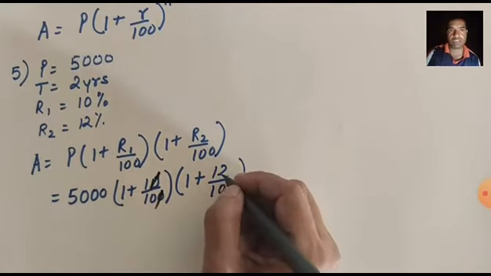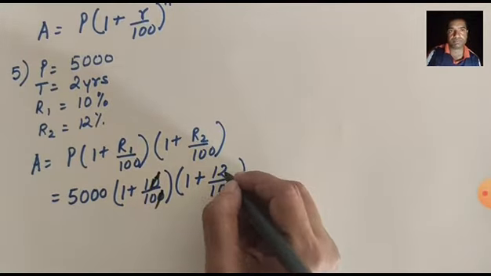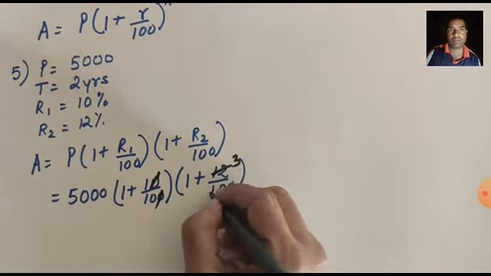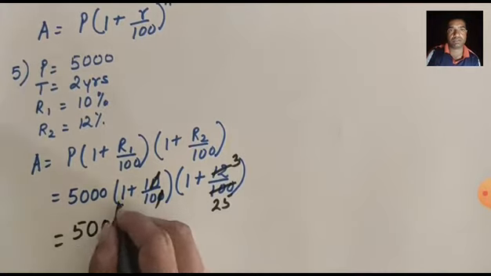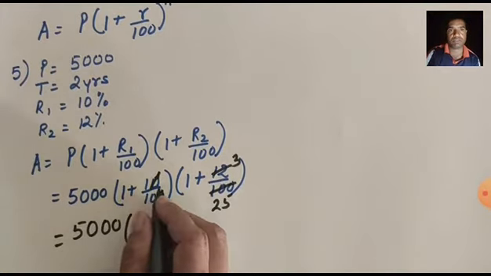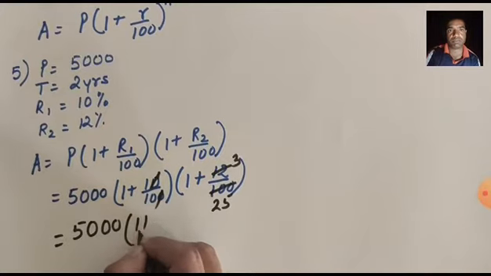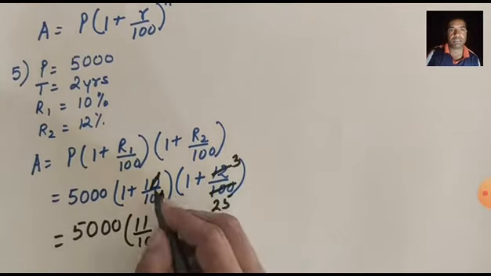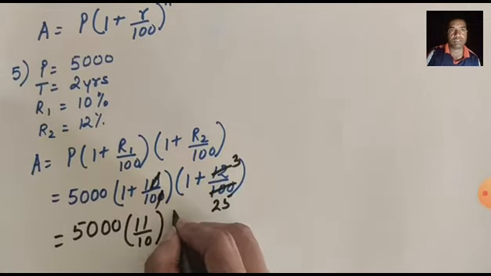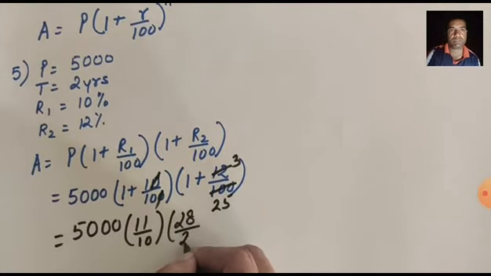Zeros get cancelled. So 5000 into 1 plus 1 upon 10, which is 11 upon 10, and 1 plus 3 by 25, which is 28 upon 25. I have converted the mixed fraction to improper.